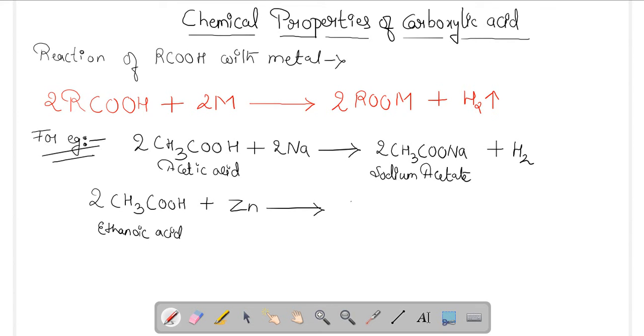So here 2 carboxylate ions, they will get attached with the zinc here, and the formation of zinc acetate will take place with the release of hydrogen gas.